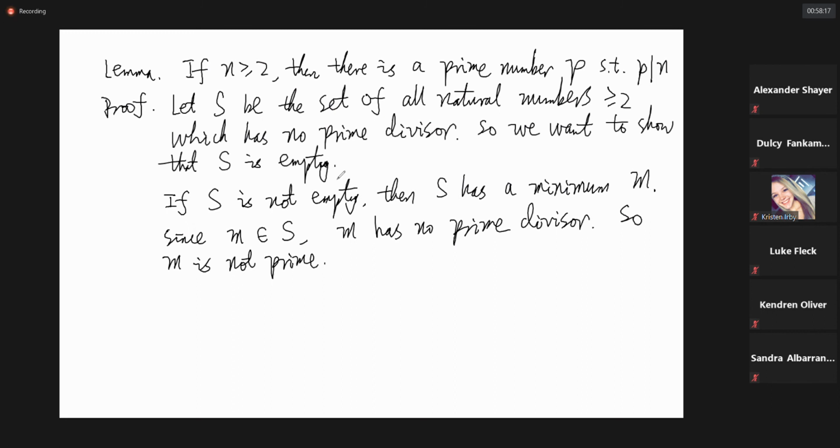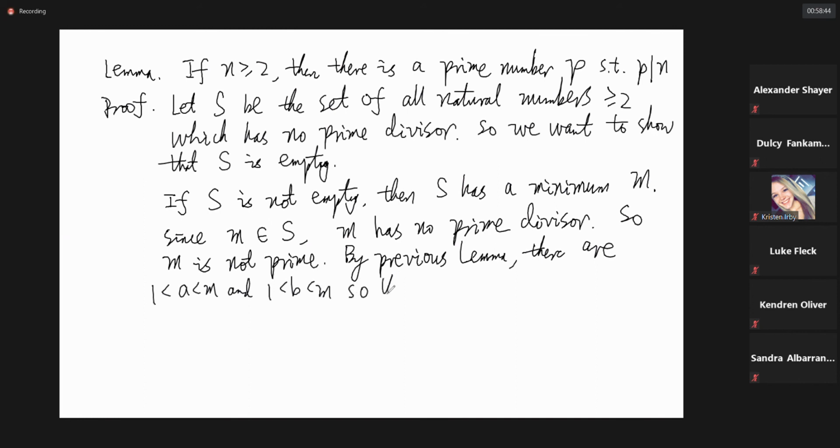So M is composite, and we just have a lemma. If M is composite, then by the previous lemma there are a between 1 and M, and b between 1 and M, so that M is equal to a times b.